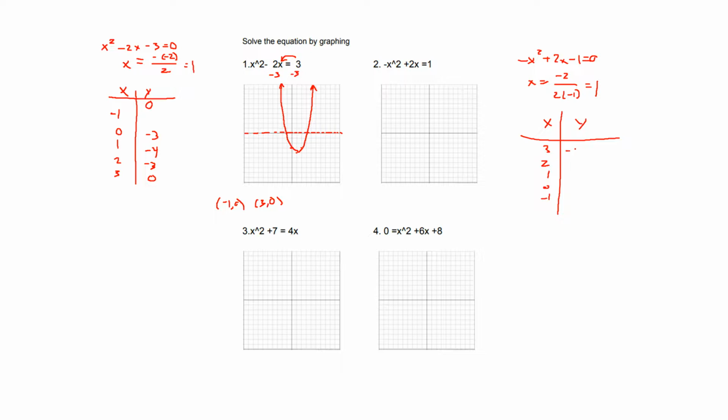We get negative 4, negative 1, 0, negative 1, negative 4. Drawing the parabola, our function only has one solution here, which is at x equals 1.